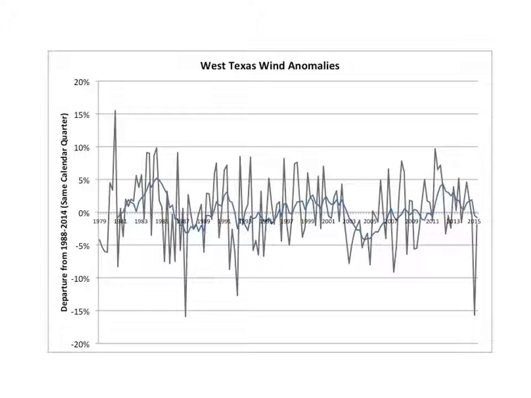But you see some periodicity, right? We have periods of high and low wind power production. And then you can see most recently in 2015, this area of Texas experienced an incredibly large negative anomaly.